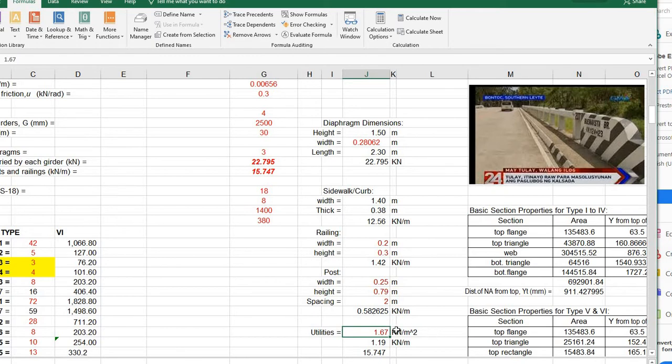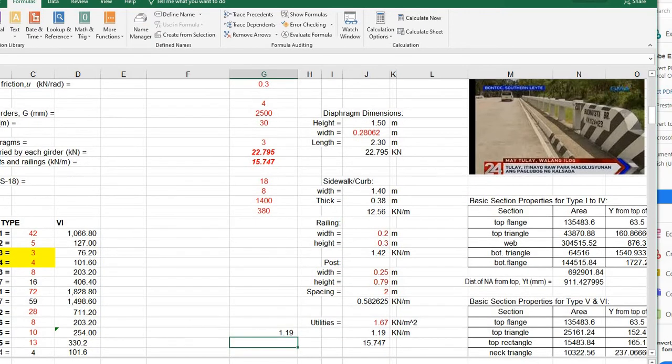Next, i-convert natin yan into uniform load. So, you simply divide this 1.67 by the width of the curb, or that is input, okay, divided by curb width na 1.4. Okay, so yan yung 1.19.